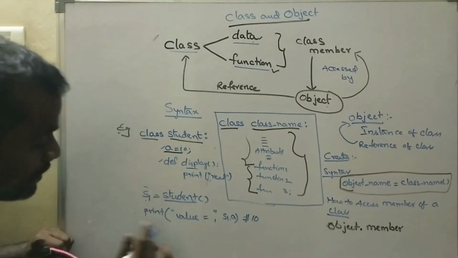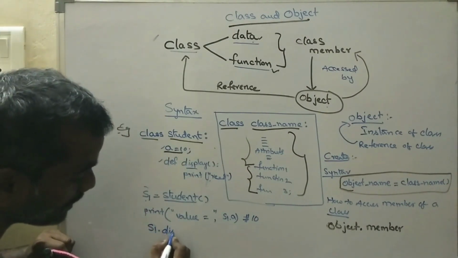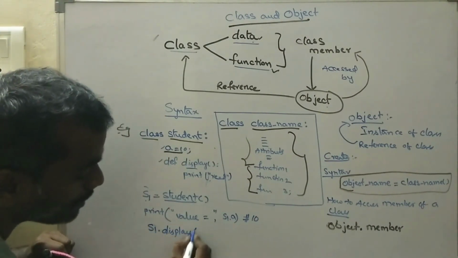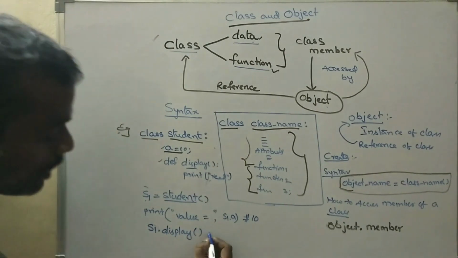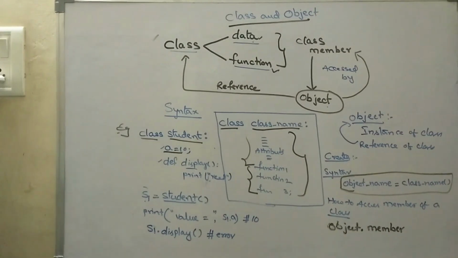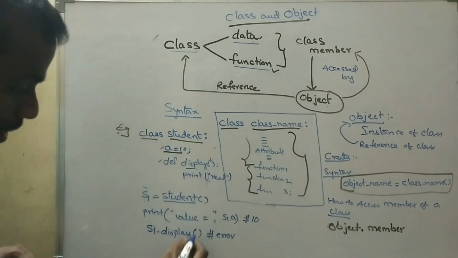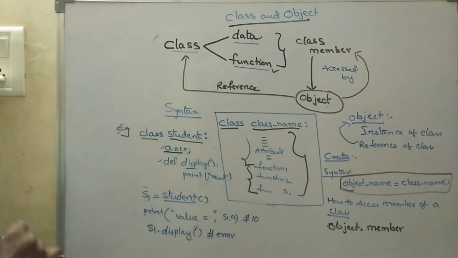Suppose by using s1 I can call the function. What is the function I defined? The display. If we call it like that, we get an error, because in Python there is no argument in the function definition.